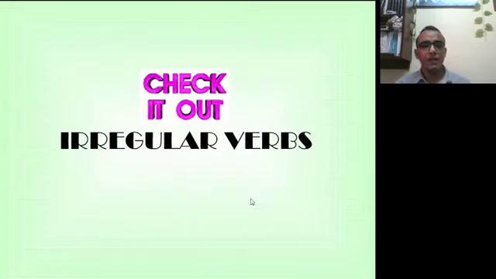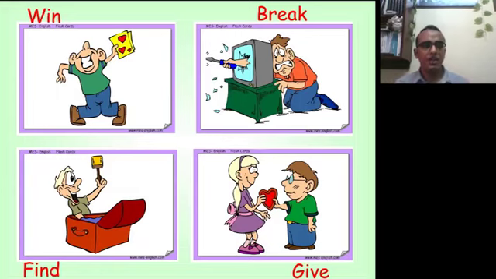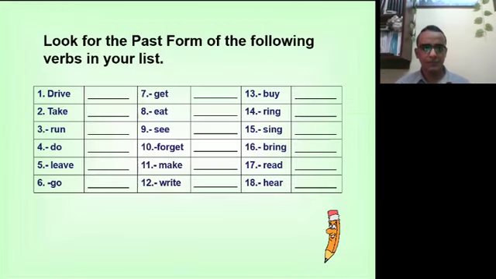Good. So let's check out the irregular verbs. Win, break, find, give. Here, we are going to look for the past form of the following verbs in your list. At first, I'm going to tell you the meaning of irregular verbs.